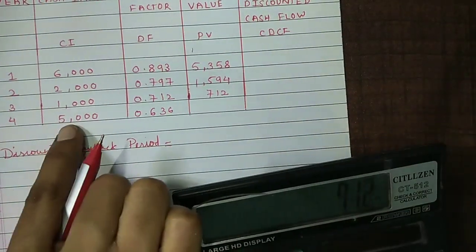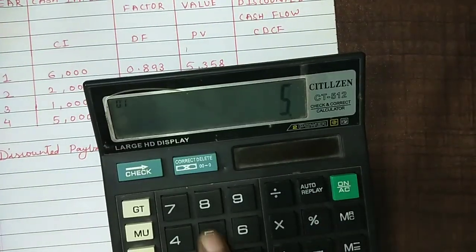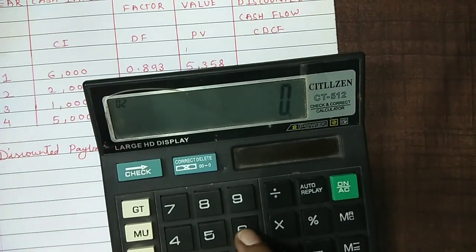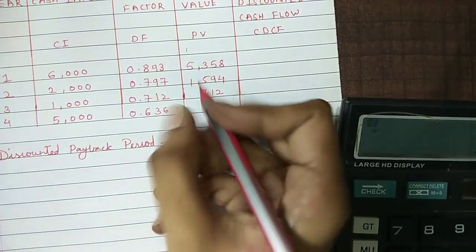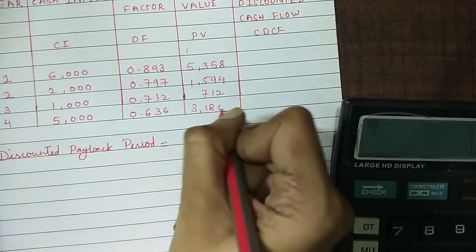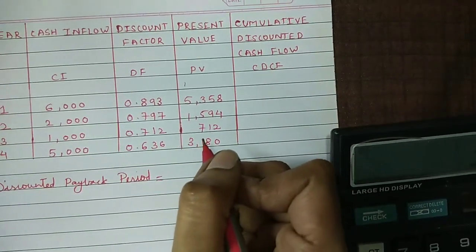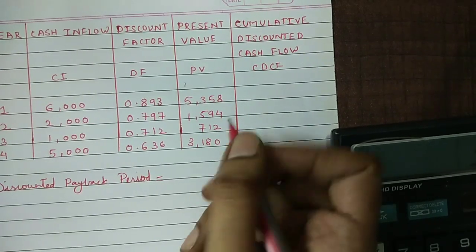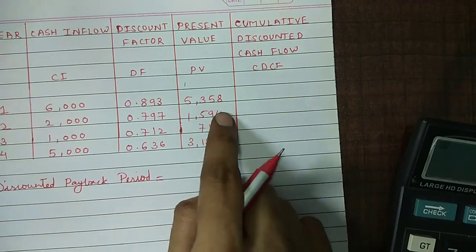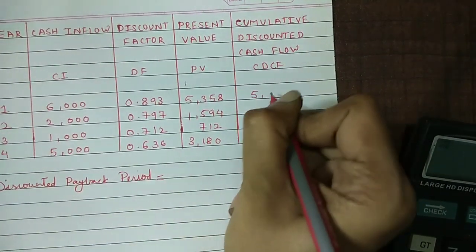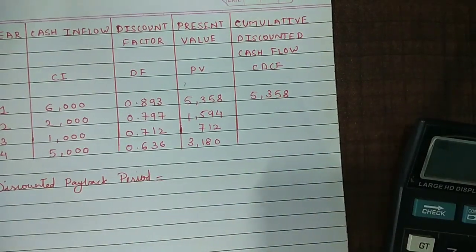Now the next one is 5,000 into 0.636. So it will be 3,180. Now the last column is cumulative discounted cash flow, meaning simply we have to do the total. At the end of the first year, we have a present value of 5,358, so as it is, we are going to write down this.